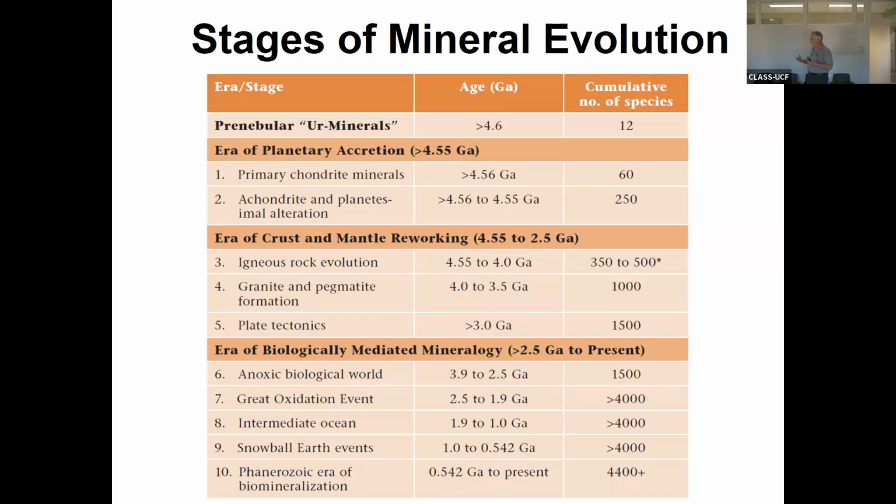So Hazen and his colleagues proposed 10, well actually 11 stages of mineral evolution, going from a dozen mineral species in the pre-nebular era all the way up to the 5,400 we have today. When he wrote this, there was about 1,000 less, but people are adding new minerals all the time.